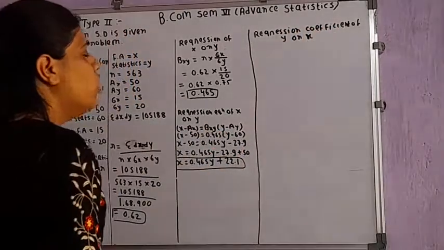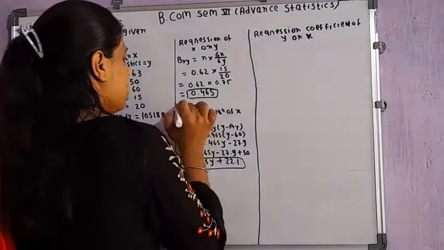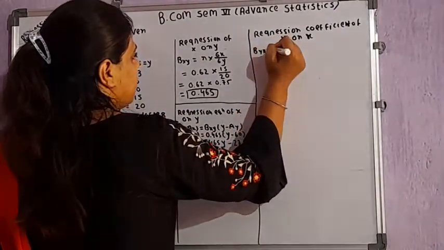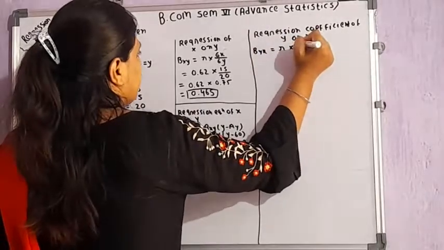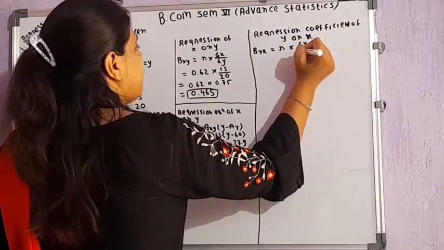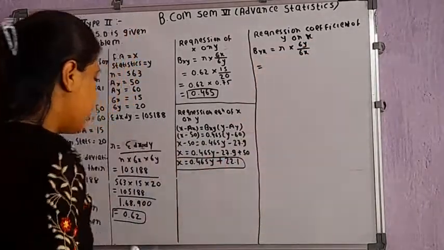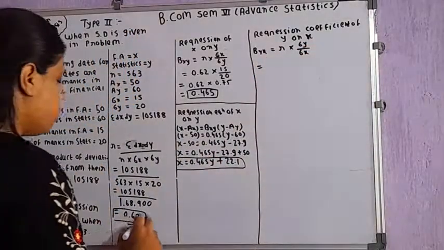Okay. So for this, what is the formula? For this we have b_yx is equal to r into standard deviation of y divided by standard deviation of x. Then what is the value of r? We have calculated 0.62.